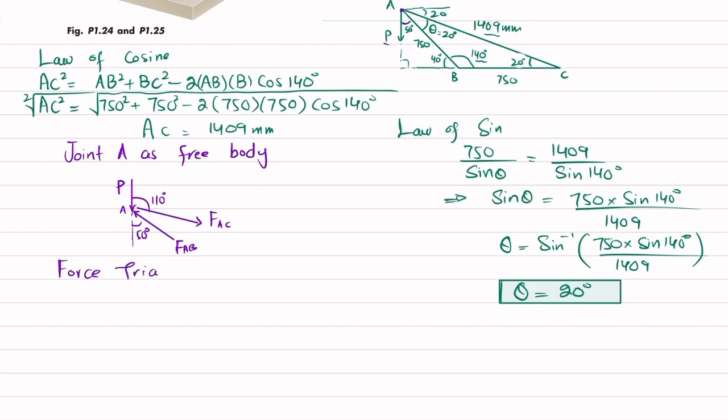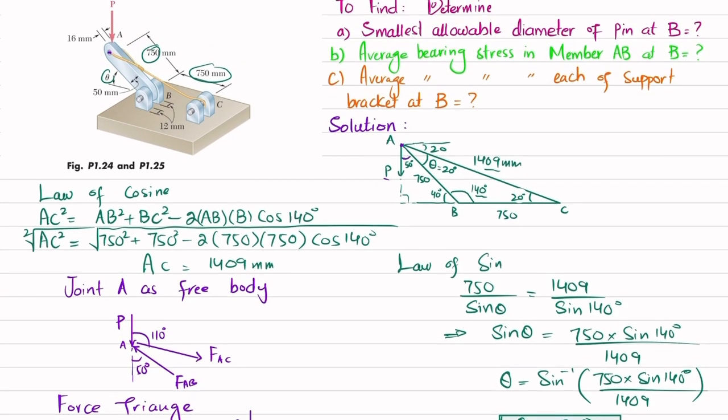So how will you do that? This is the load P which is acting downward. Then we have FAB, and in return we have FAC.